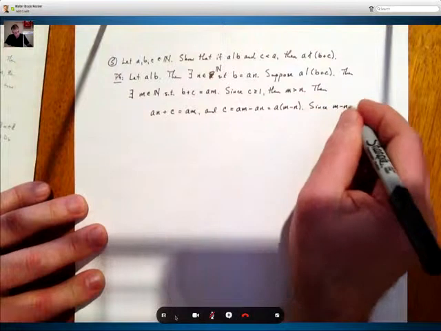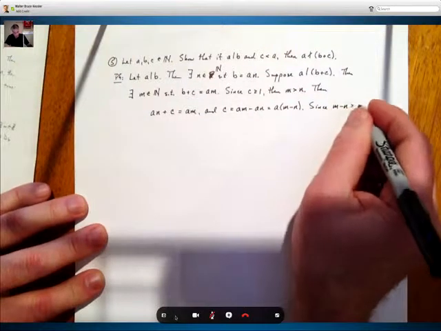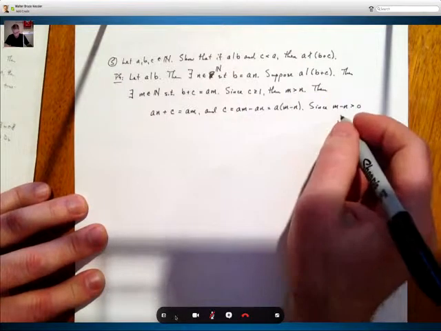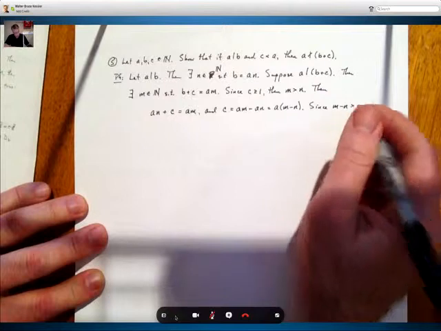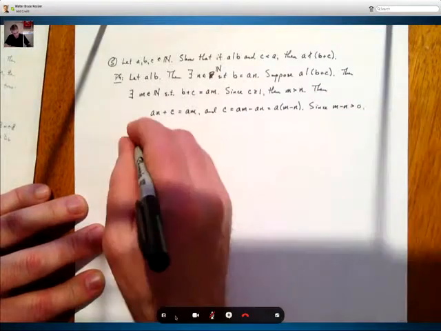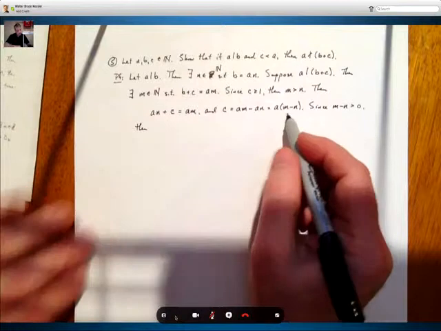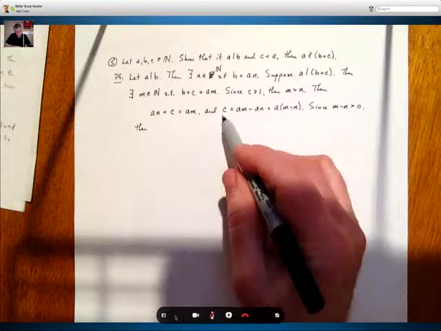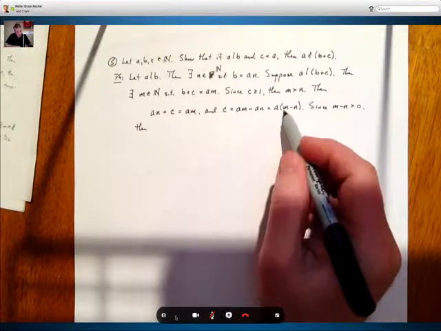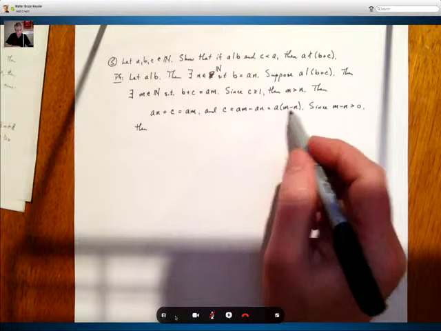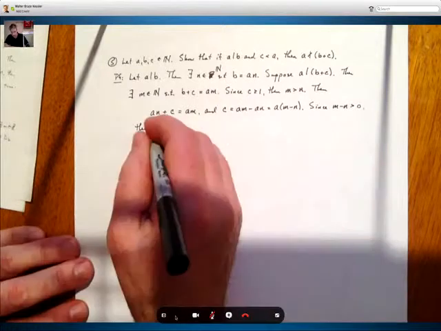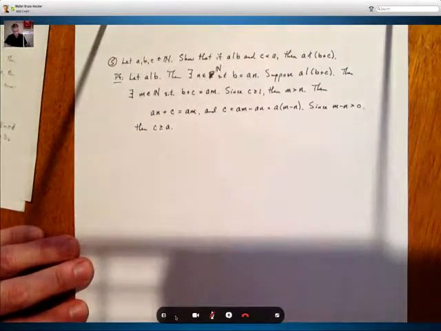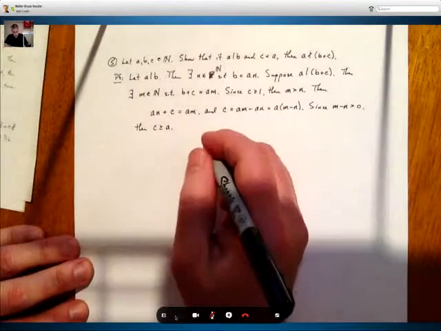Since M minus N is bigger than 0, and that comes from this, it's got to be at least 1, right? And it could be bigger. So C is going to be either 1 times A or 2 times A or 3 times A or whatever it is. But that then gives us that C is bigger than or equal to A.